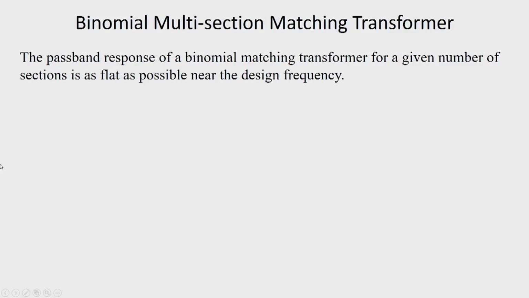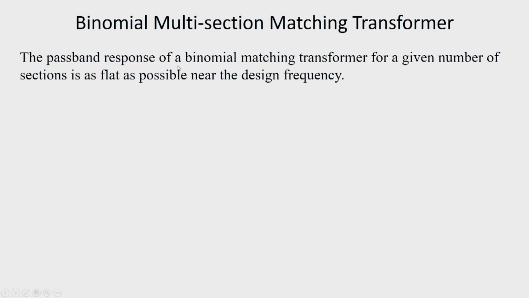So, we have discussed how we can find the reflection coefficient for a multi-section transformer in terms of the electrical length of the individual section theta, and now let us see how we can design a binomial multi-section matching transformer.